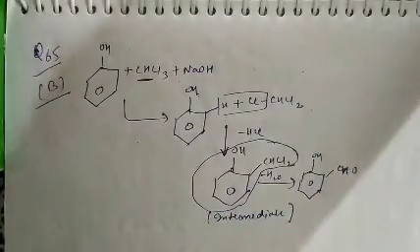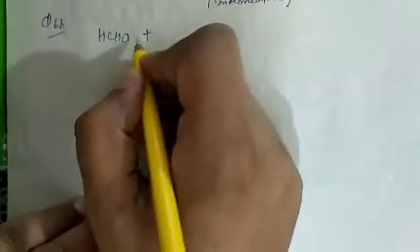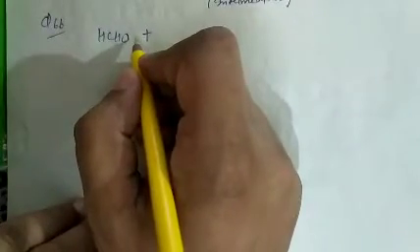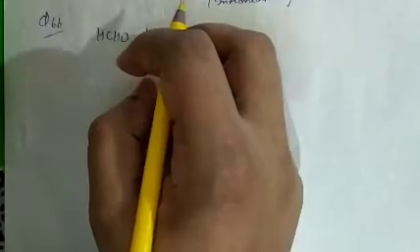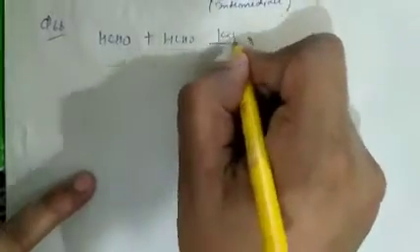In question number 66, what is given there? Question number 66 is basically when formaldehyde, that is HCHO, reacts with potassium hydroxide, that is concentrated KOH.